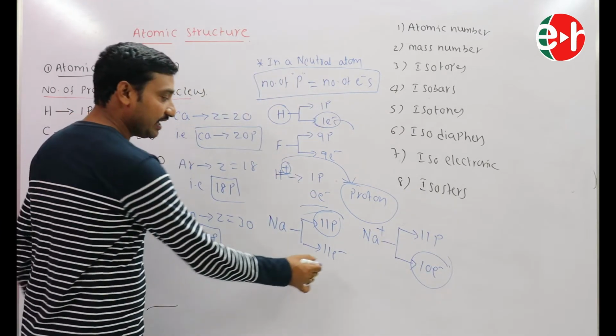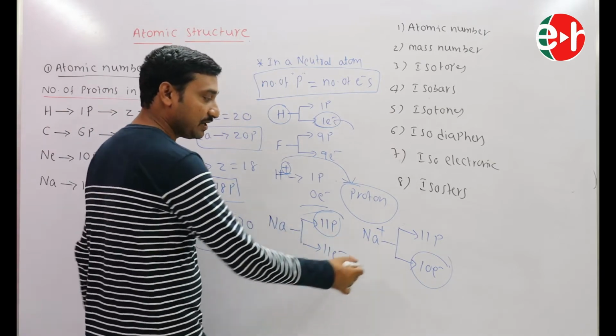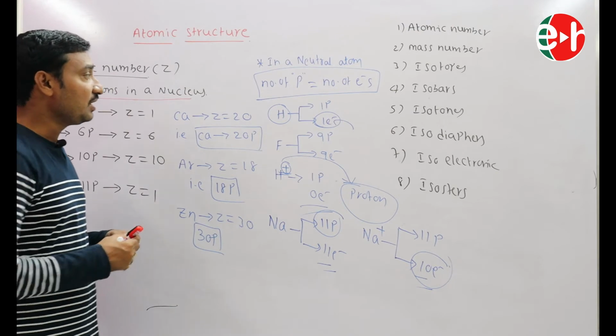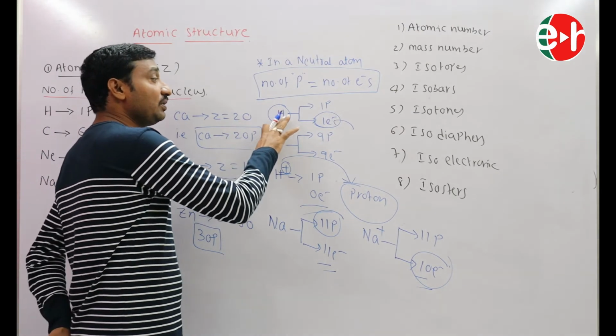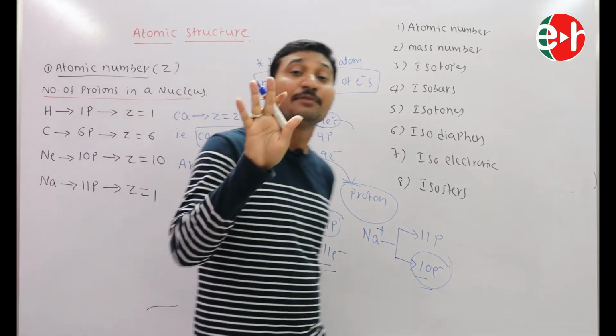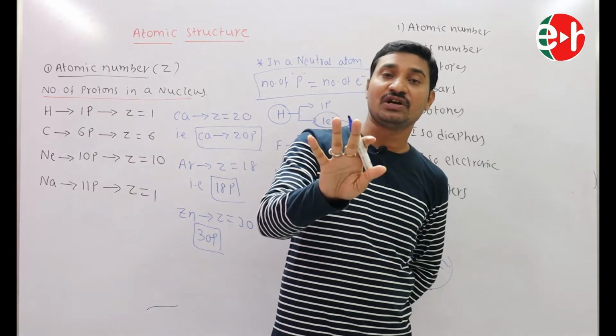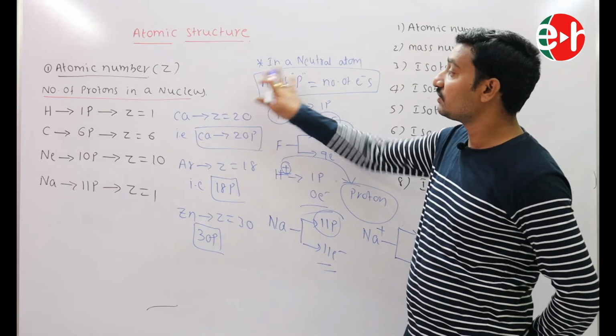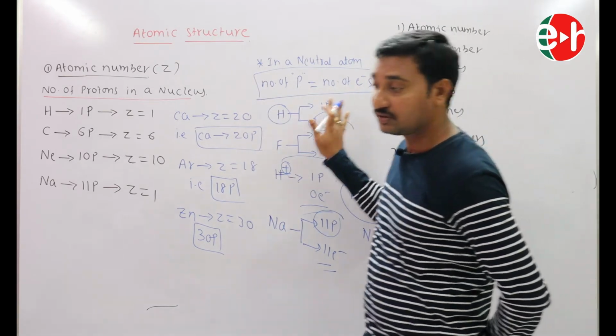In sodium 11 electrons, but in Na plus 10 electrons. In a neutral atom, the number of protons is equal to the number of electrons, but in a charged species, the number of protons is not equal to the number of electrons. Got it?